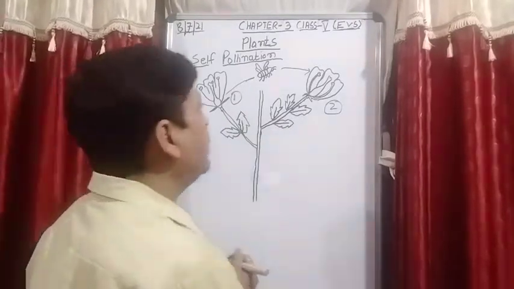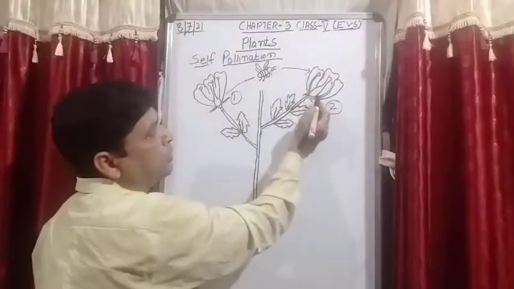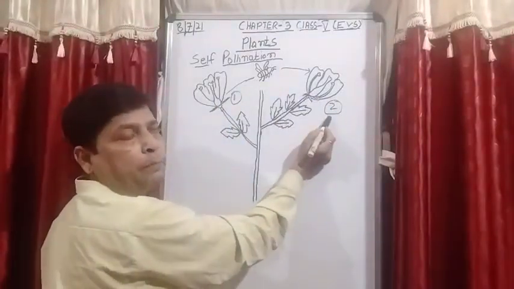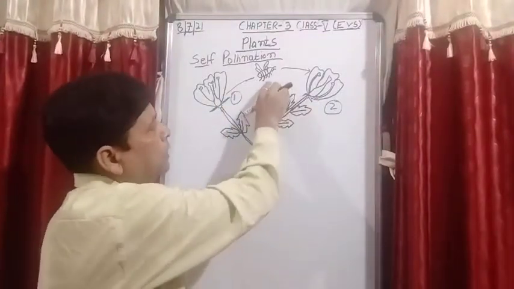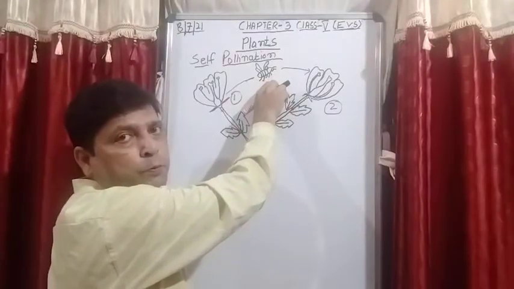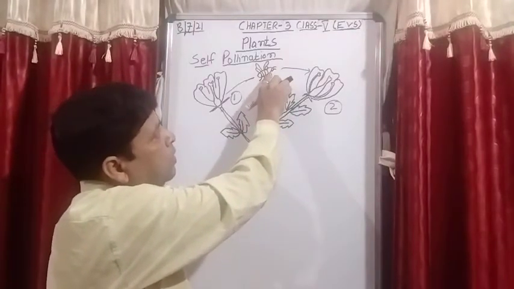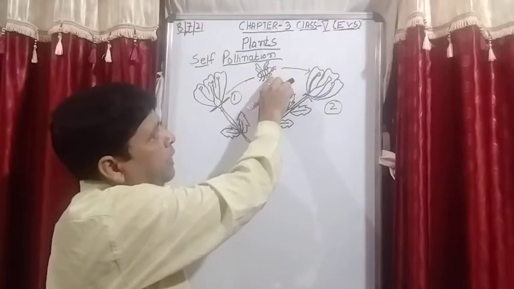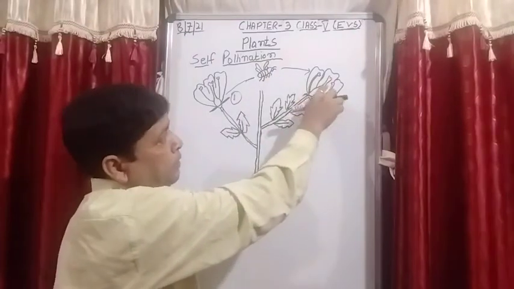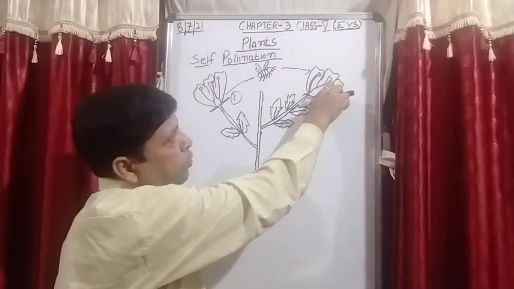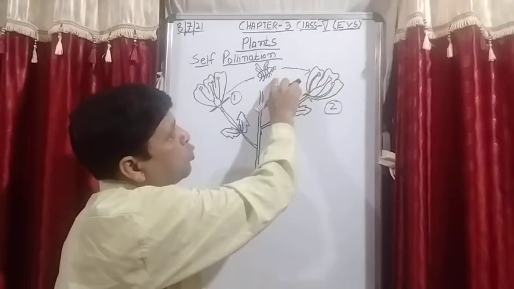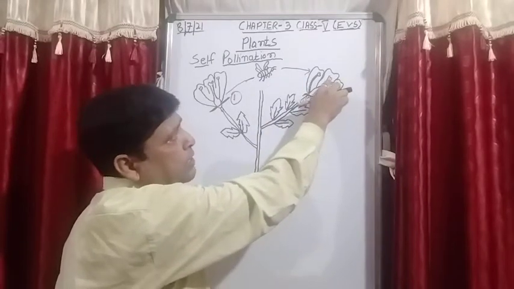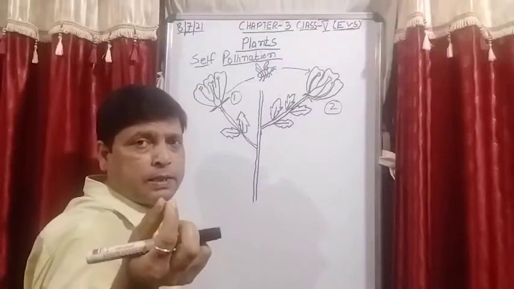Now when the bee sits on this flower, that is flower number 2, the pollens which stuck to the body of the bee enter into the stigma, and the stigma is sticky.